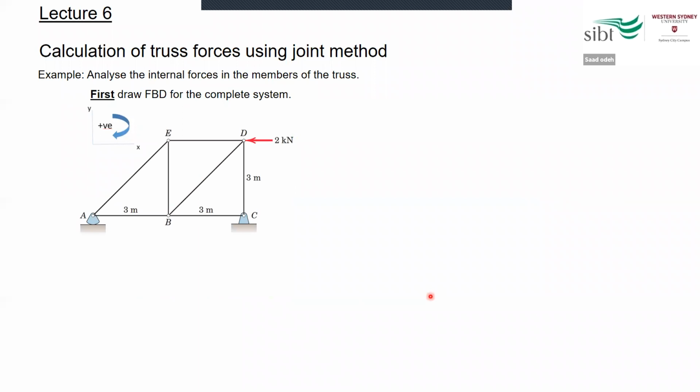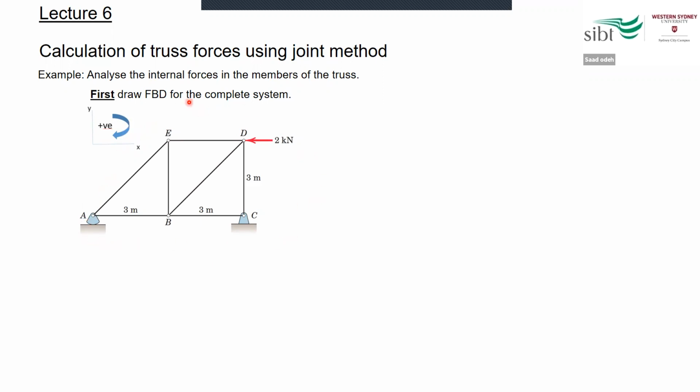And in lecture 6, we did some practice on how to calculate the forces acting on a truss system. For example, in this system here, the first thing you need to do when you have a system, as we said before, is to draw the free body diagram.